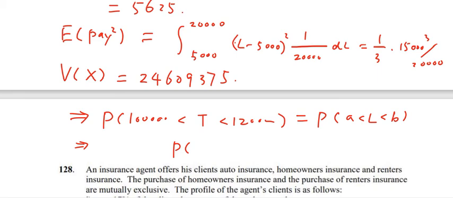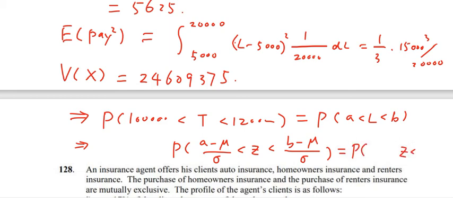So this is like Z between B minus mu over sigma and A minus mu over sigma. Okay, so we find this equals Z less than, this is just some calculation, and negative 1.78.